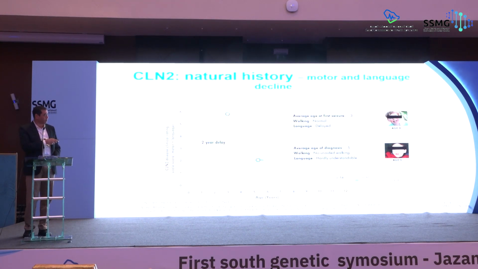In the first picture, at the age of 3, the patient is smiling and bright, and at the age of 5, is already severely delayed in terms of epilepsy, dementia, ataxia, motor decline, etc. So it is very important to catch those patients as soon as possible, because we now have disease-modifying therapy.